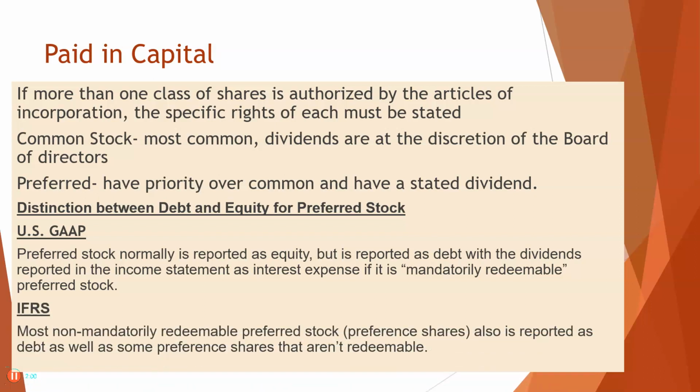Under the international standard, most non-mandatory redeemable preferred stock is reported as debt, as well as some preference shares that aren't redeemable. So, under IFRS, they treat preferred stock as debt because of the dividend issue.